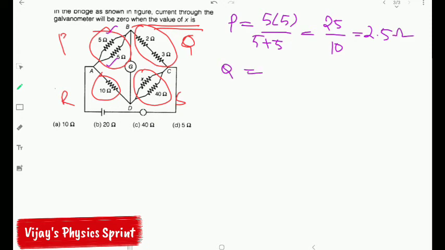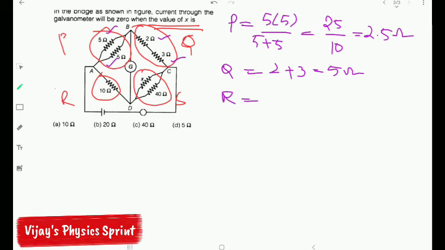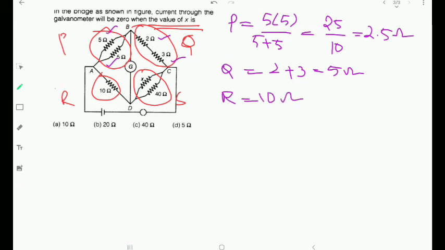And Q: 2 ohm and 3 ohm are in series combination. So the series resultant is R1 plus R2, that is 2 plus 3, which equals 5 ohm. And the R value is given directly, no need to calculate again. And S is the combination of X, unknown, and 40 ohm in parallel, so R1 R2 by R1 plus R2, 40X by 40 plus X. Now applying the Wheatstone bridge condition.